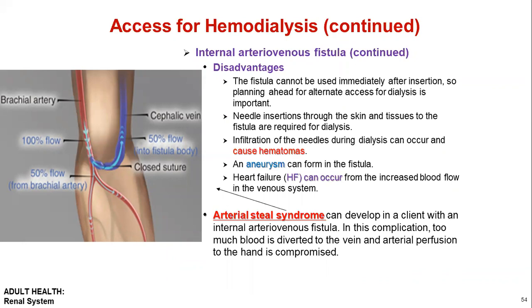Disadvantage: the major problem is that arterial steal syndrome can develop. So what is arterial steal syndrome? This can develop in a client with an internal arteriovenous fistula, and in this complication too much blood is diverted to the vein and arterial perfusion to the hand is compromised.